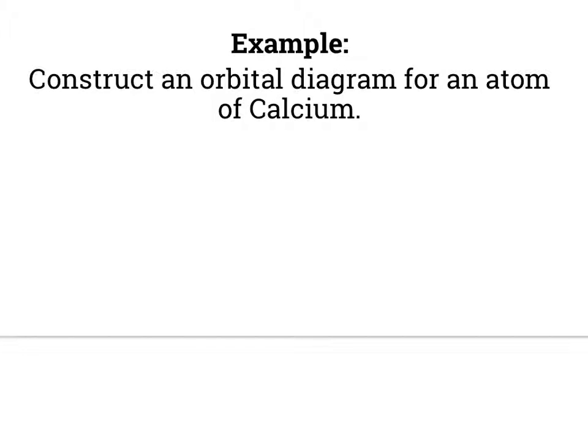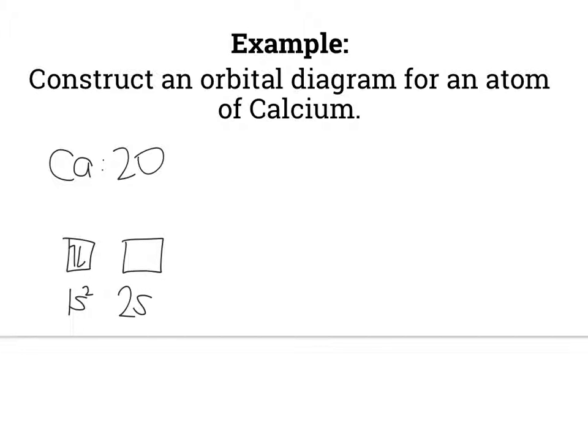All right, welcome back. So calcium has 20. So let's start. We got 1s, 2. We got 2s, 2. Then we got 2p. It's got a total of 6 in there. I like keeping the tallies.